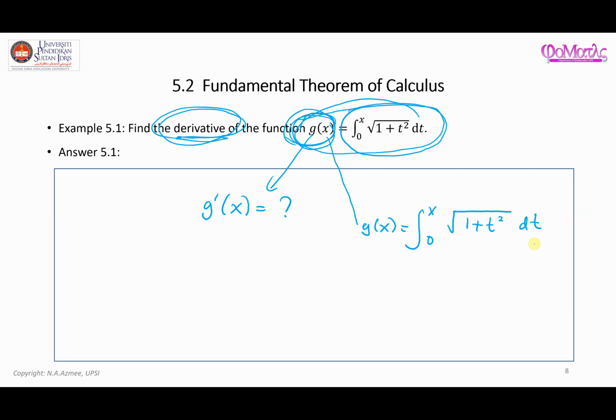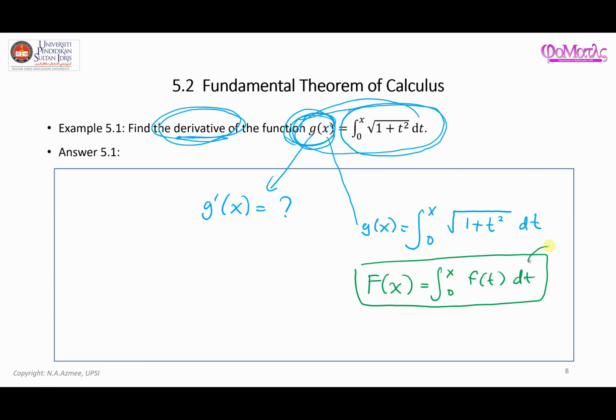So if you look at this definition of g(x), you will see that it resembles the idea of f(x), the integral from a to x of f(t) dt. So this is the idea given in the fundamental theorem just now.